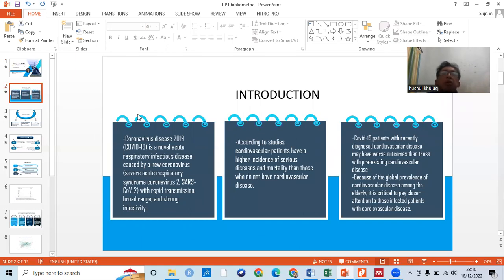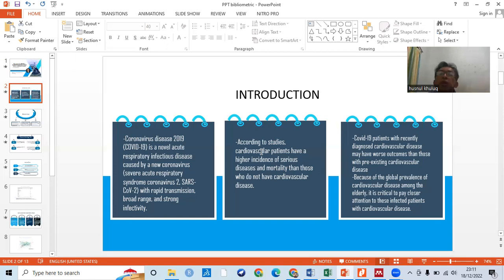According to studies, cardiovascular patients have a higher incidence of serious diseases and mortality than those who do not have cardiovascular diseases. COVID-19 patients with recently diagnosed cardiovascular diseases may have worse outcome than those with pre-existing cardiovascular diseases.